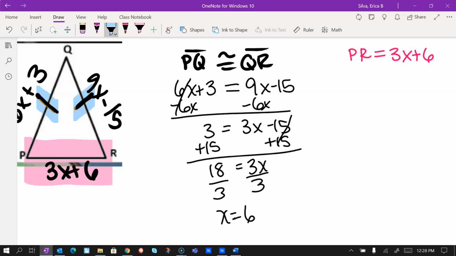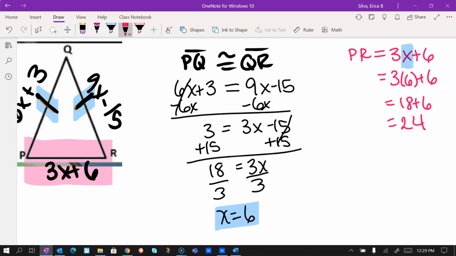Now all we have to do is substitute the value of x that we solved for. So we have 3 times 6 plus 6, 18 plus 6, and we get 24. So the measure of PR is equal to 24.